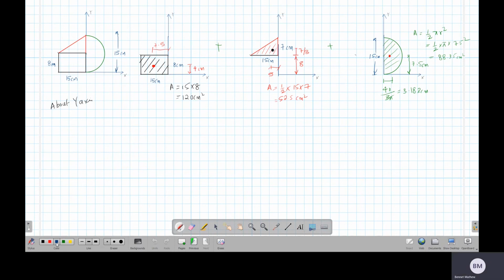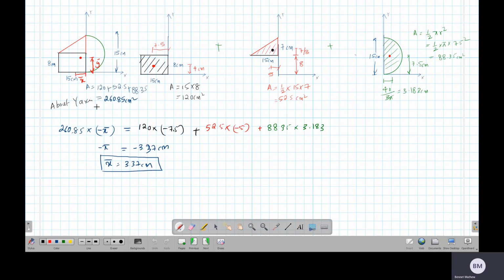Now we will try to find the y bar. The same operation we will do, only instead of y axis, we will take the first moment of area about x axis. What is the first moment of area of this figure about x axis? We know that the total area is 260.85.